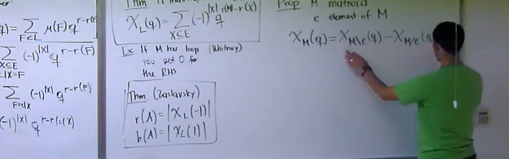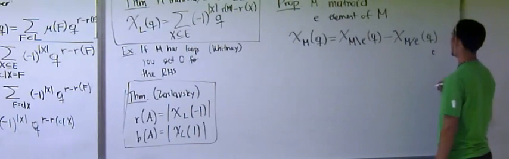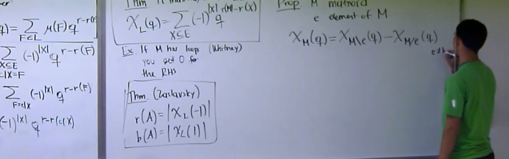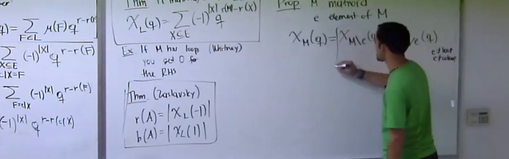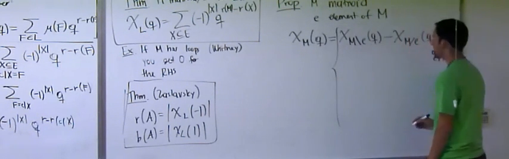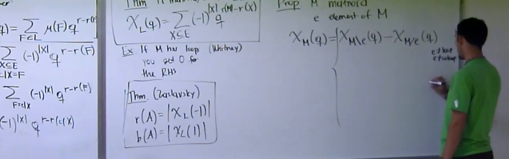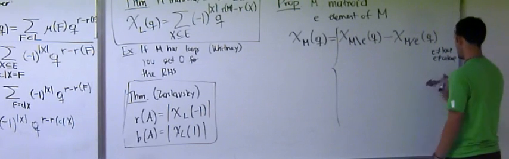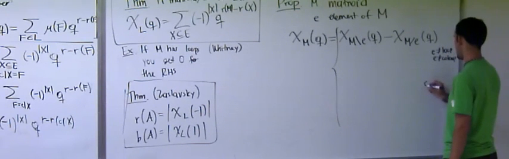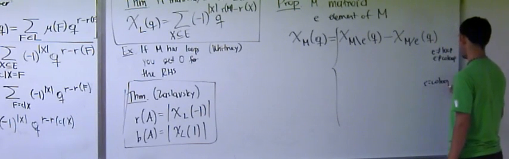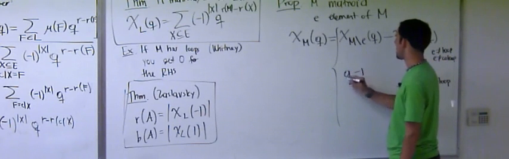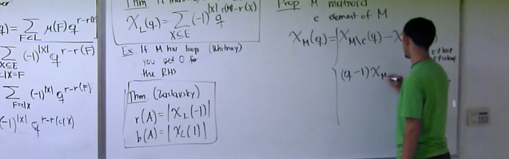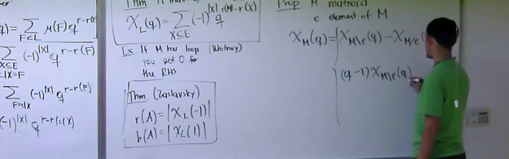Because this is true for E not a loop, E not a coloop. If you happen to delete a coloop, then the formula is easier actually. It's just q minus 1 times this.